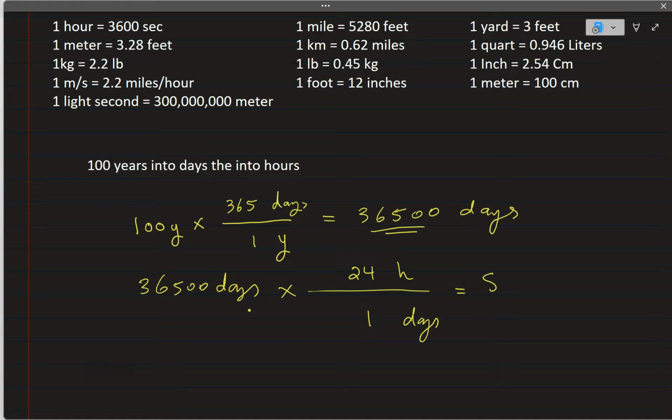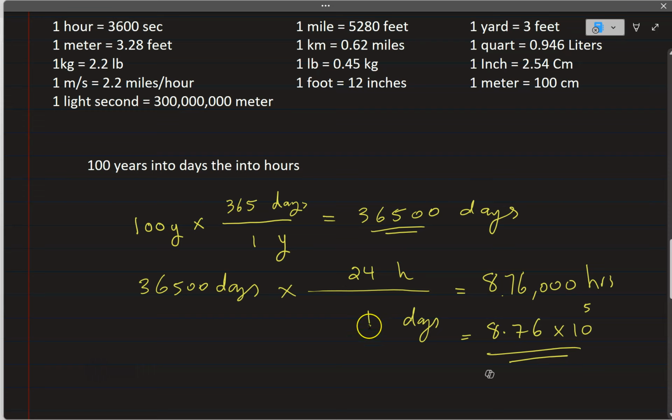So we'll get 876,000 hours. Okay, or 8.76 times 10 to the power of 1, 2, 3, 4, 5, right? And that would be to the power of 5. All right, so that's the scientific notation, 3 sig figs, and that would be the number of hours that we have.